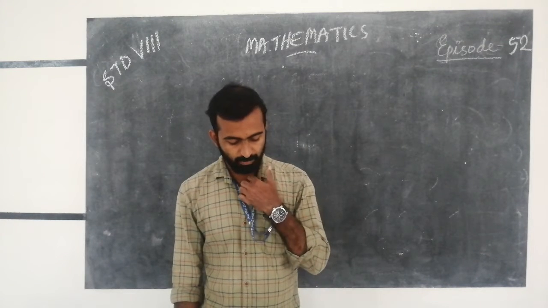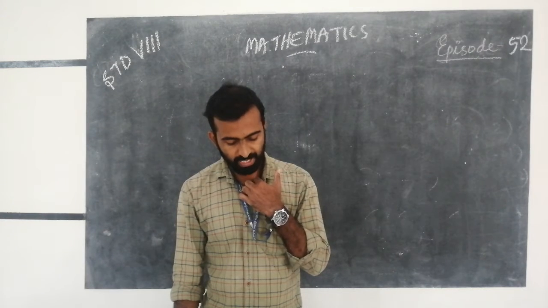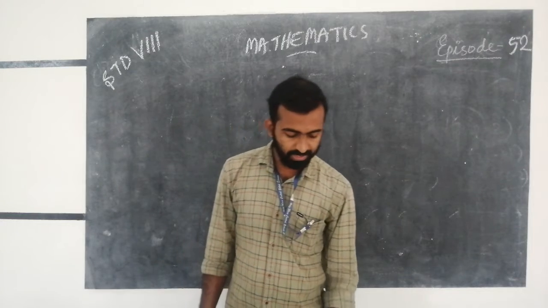Here V stands for the number of vertices, F stands for the number of faces, and E stands for the number of edges.